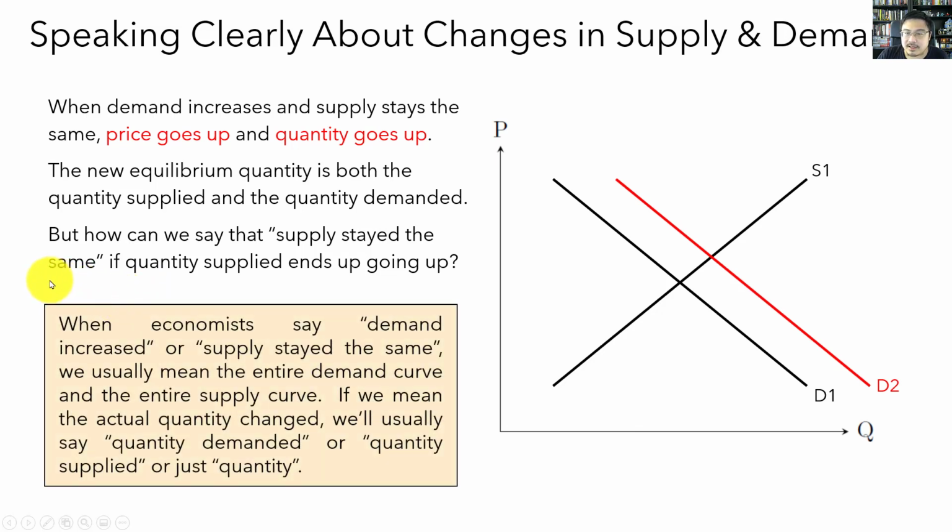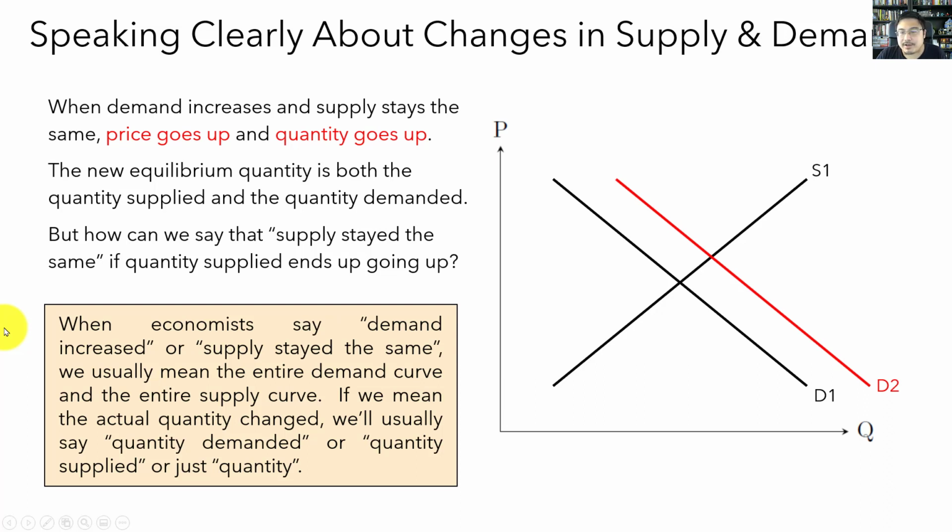The answer is that when economists say demand increased or supply stayed the same, we're usually referring to the entire demand curve and the entire supply curve. So when I say that demand increased and supply stayed the same, what I mean is that the demand curve increased, or the whole curve shifted to the right, and that the supply curve stayed the same.